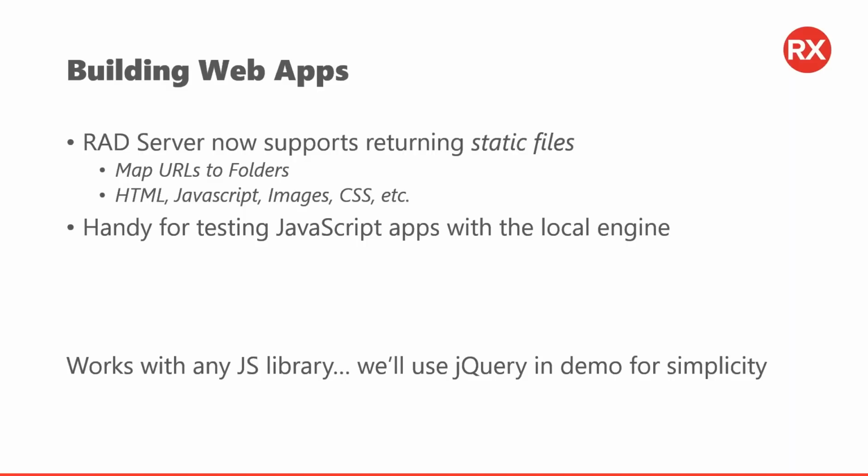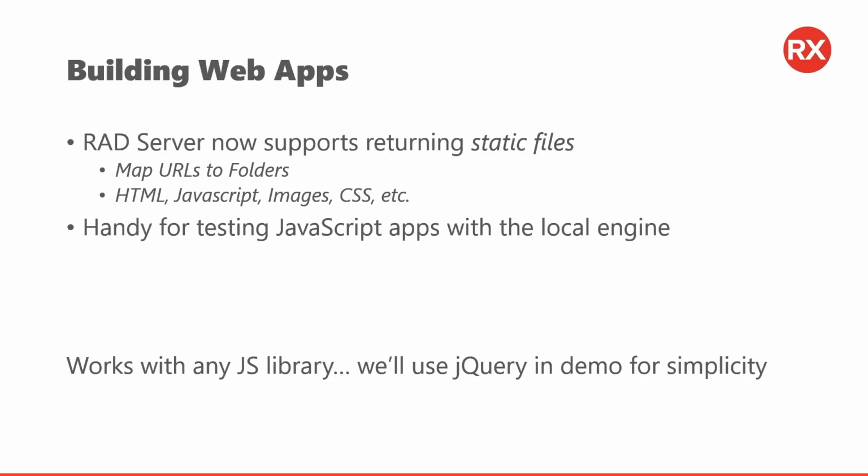So we're not just going to return something generated in the application, but something that exists on your hard drive. This is handy specifically for the development server because you can return HTML and JavaScript that uses endpoints for the actual processing. So you can integrate a JavaScript HTML application with your backend services.